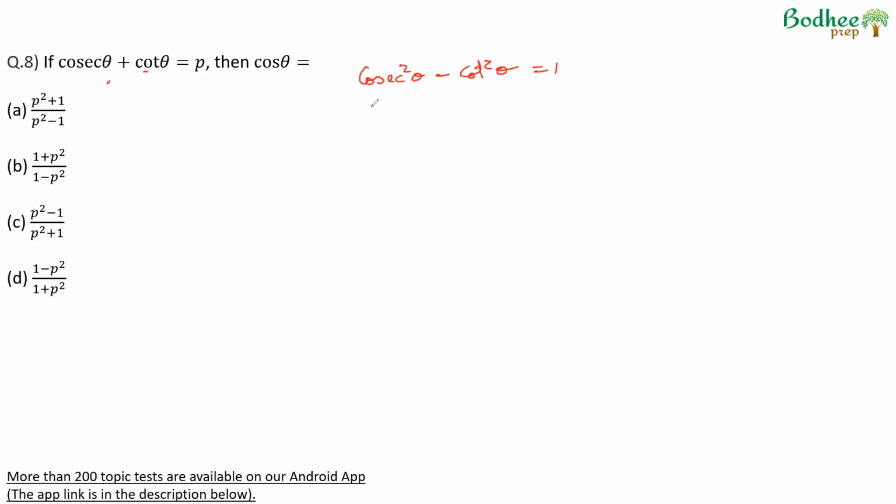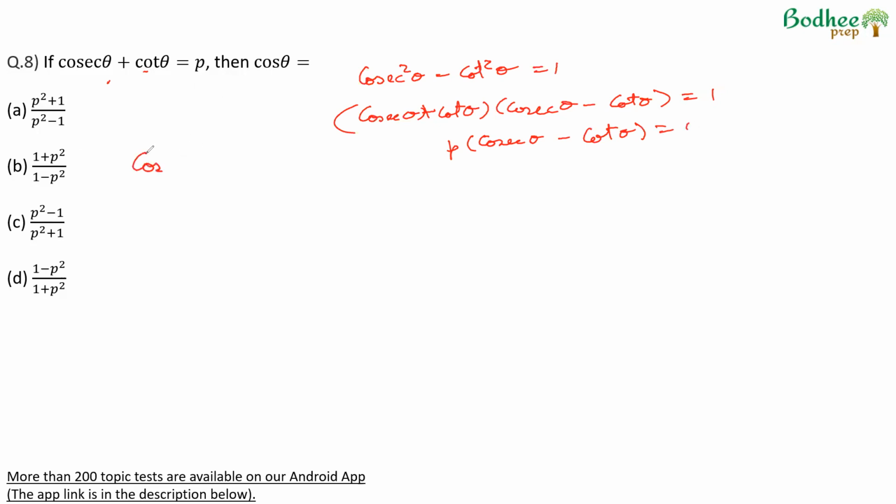Now this is nothing but (cosec theta plus cot theta) into (cosec theta minus cot theta). This value is P. Therefore, P into (cosec theta minus cot theta) is equal to 1. And therefore, from here we can write cosec theta minus cot theta is 1 by P.